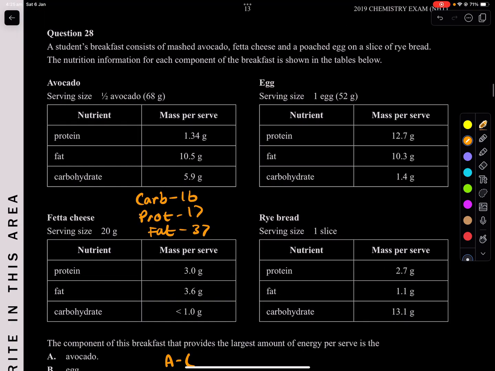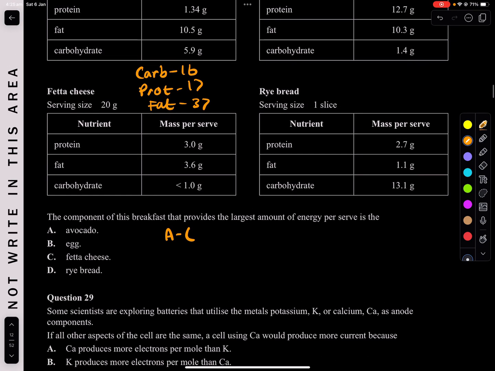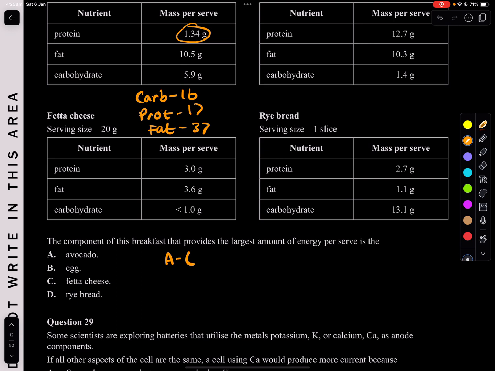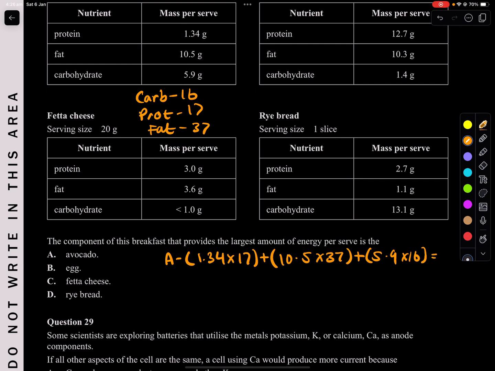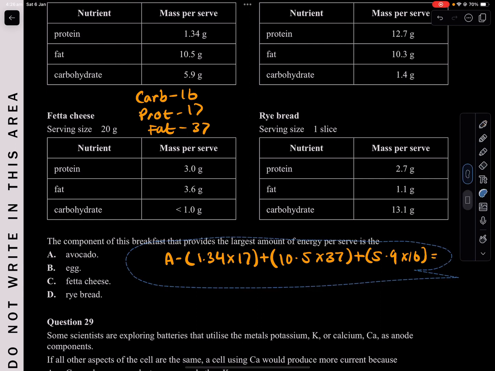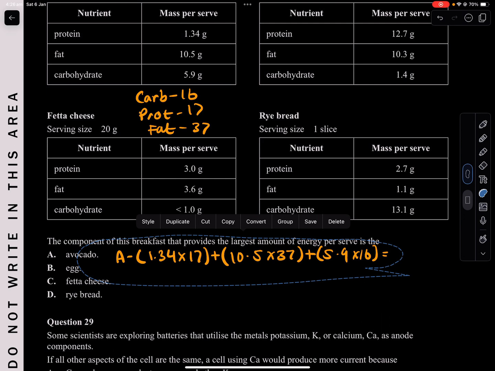All right, so let's try this. For avocados, we know that there is 1.34 protein. So 1.34 times protein, which is 17, plus 10.5 times the fat, which is 37, plus 5.9 times 16, which is the carbs. How much energy would that give me in kilojoules?